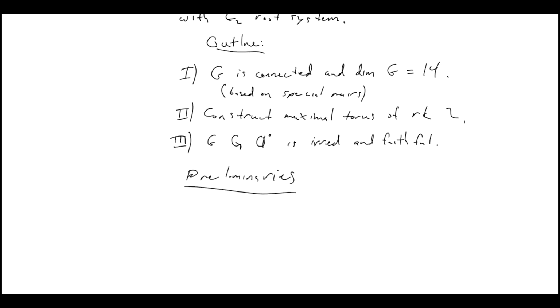If we take an automorphism, this preserves the trace and the quadratic form.